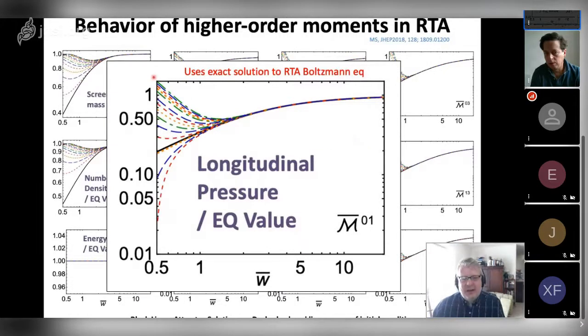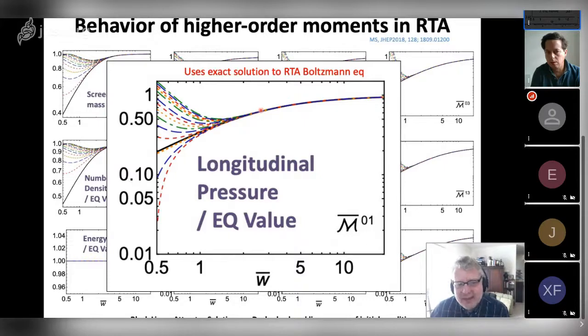So this is what an attractor plot now looks like in terms of these moment variables. And I've added a bar here. So what I did was I took the moment from the simulation of the one particle distribution function as a function of this time variable. And then I rescaled it by its equilibrium value at that time using the energy density that the simulation gave me, in this case, the exact solution to the RTA.